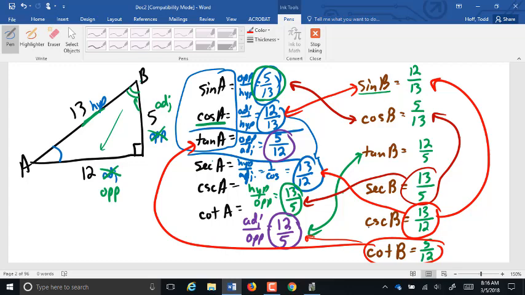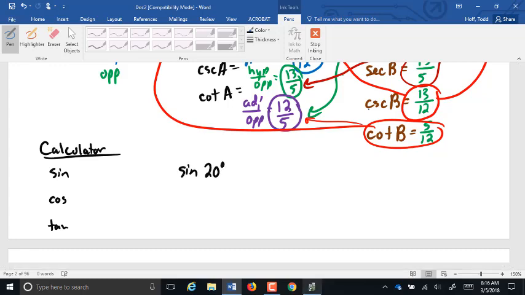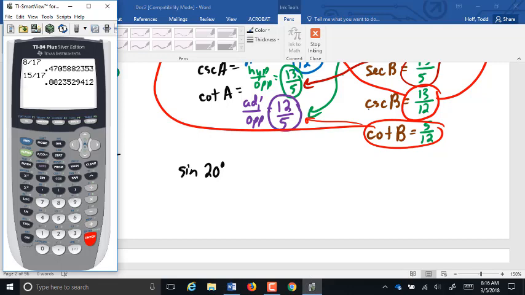How do you find them in your calculator? Let's start out with the easy ones. Sine, cosine, and tangent. If I want to find the sine of 20 degrees, first thing I have to do is go into my calculator and make sure it is in degree mode. So you press a mode button of some sort. Mine is in degree mode instead of radian mode. We're going to test that here. Sine of 20.